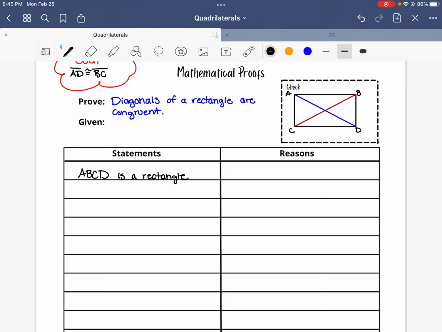So I know that AC, the line AC, is congruent to BD. And this is true because this is part of the definition of a rectangle slash a parallelogram.